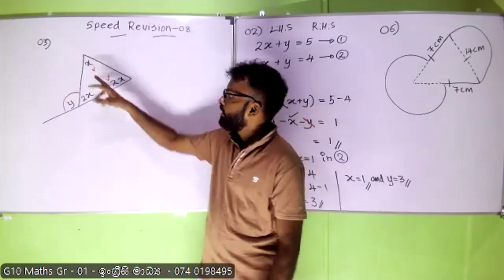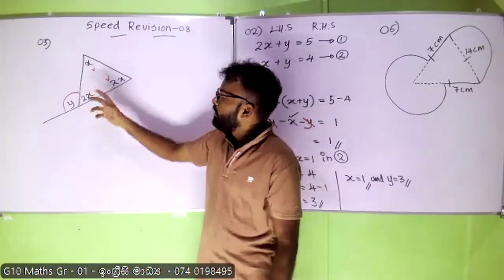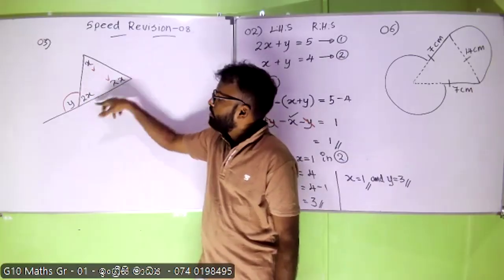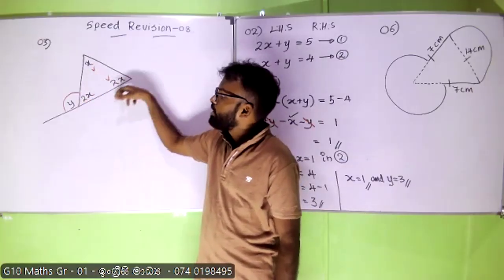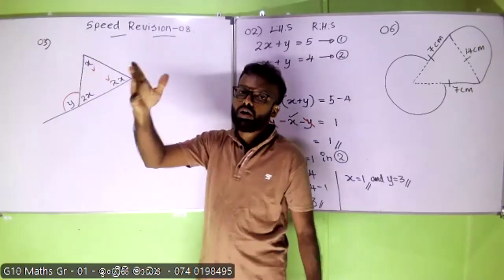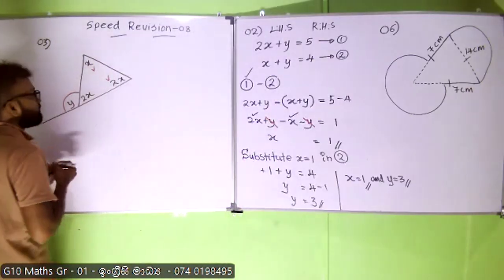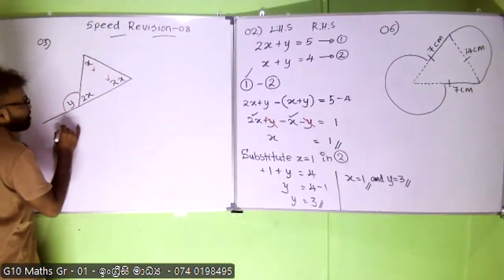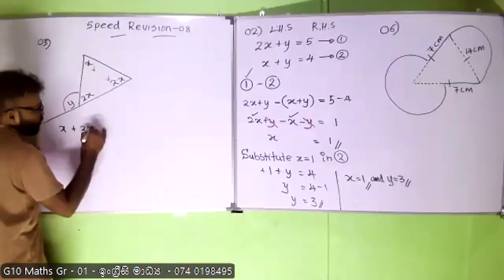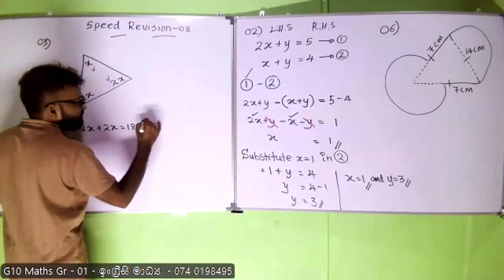First of all, we need to find the value of x and 2x. Normally, you know that the summation of the interior angles of a triangle is equal to 180, right? So you can directly write x plus 2x plus 2x equals 180 degrees.